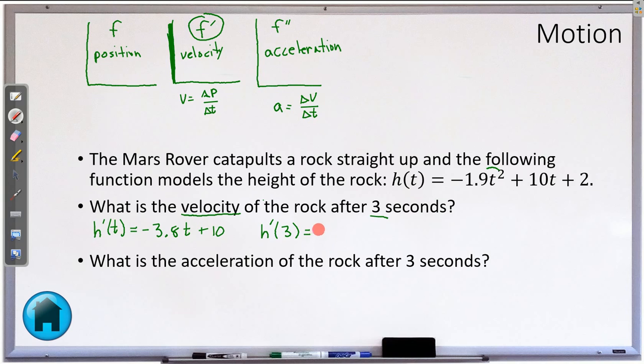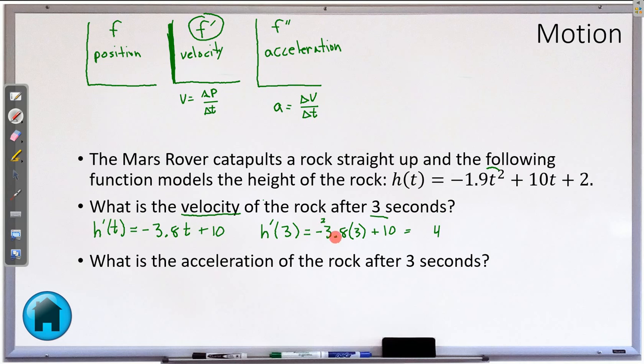So you plug that in, you get negative 3.8 times 3 plus 10. Multiply those. So when we multiply these two, negative 3.8 times 3, oops, where's my pen? There we go. 3 times 8 is 24.